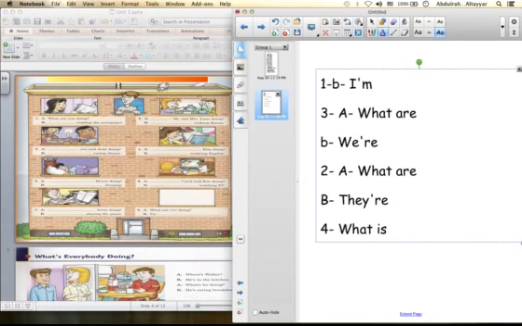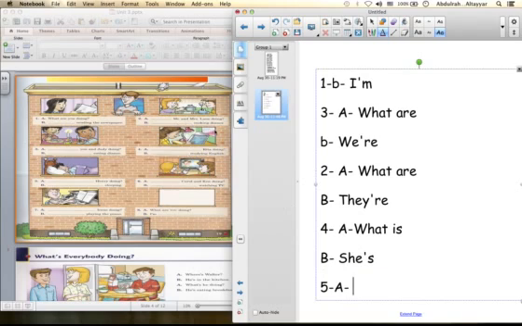Now let's continue. This is number 4A. What is Rita doing? The answer B would be what? We're talking about her. So we will say she's studying English.